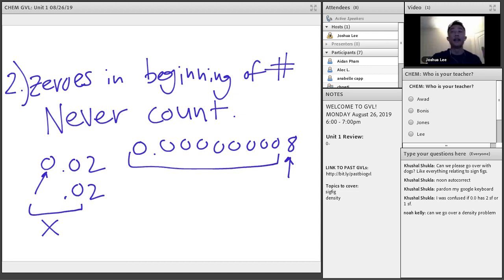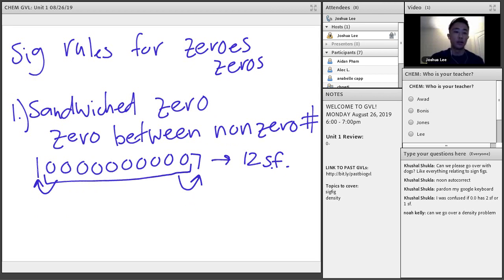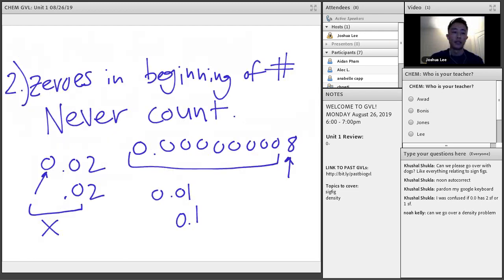It's just saying, if the first numbers you're writing are zeros, all those zeros will never count. 0.01, 0.1, all those zeros never count. So these zeros, the sandwiched zeros, will count because there's a number in front and after the zeros. Zeros in front of a number will never count.